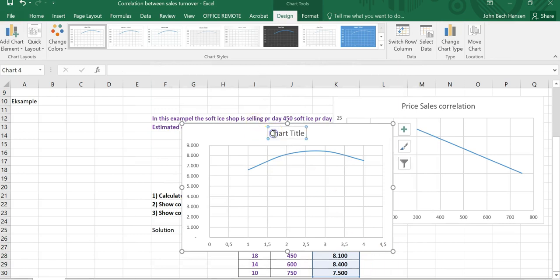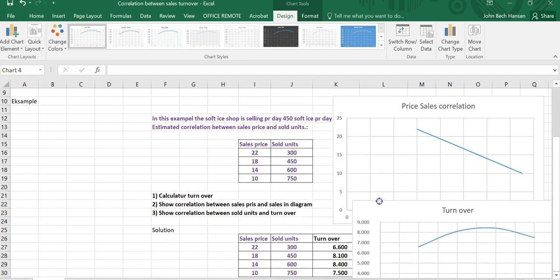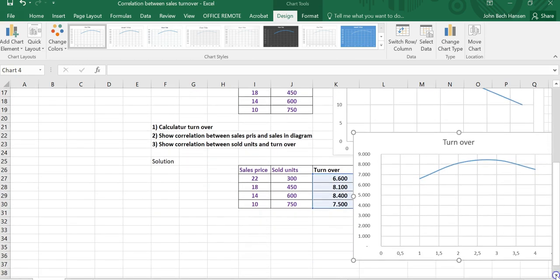So this is turnover of this company at a given sale, at a given number of sold units. And again, I can see that Excel is still missing the information about what the sold units actually are.